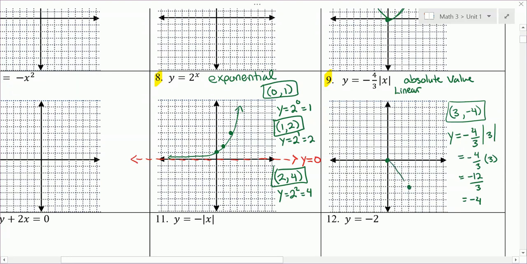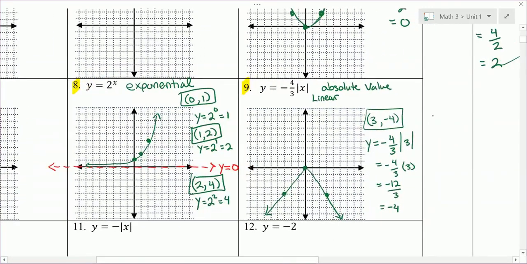And so I know that's one side of the V. This is symmetric, so here I went down 1, 2, 3, 4, right 3. If I go down 4, left 3, I find another point automatically to create that symmetric V shape. We can test that out.